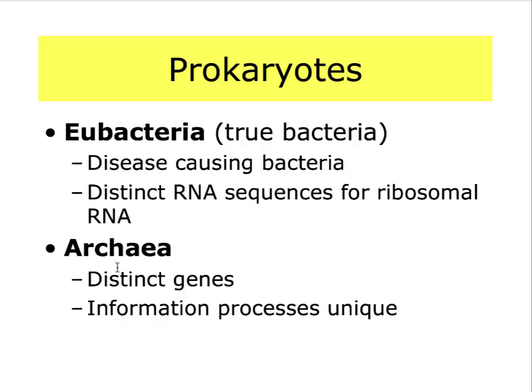There's not much overlap in the types of genes that the two domains of life contain. And one last thing, when archaea are biochemically compared to eubacteria, there are some unique pathways that are found in archaea which are not found in eubacteria. So these changes in total tell us that the two groups are very different to each other.